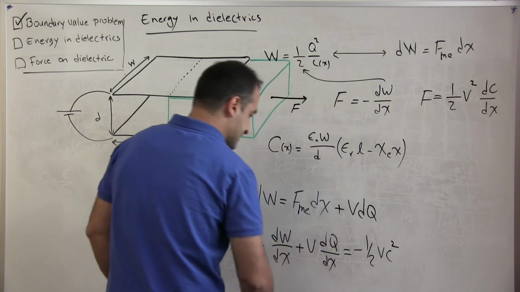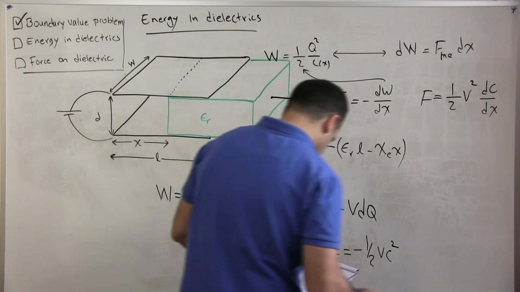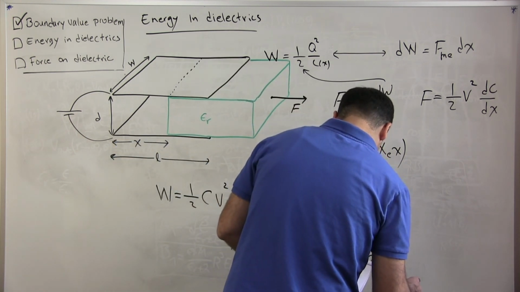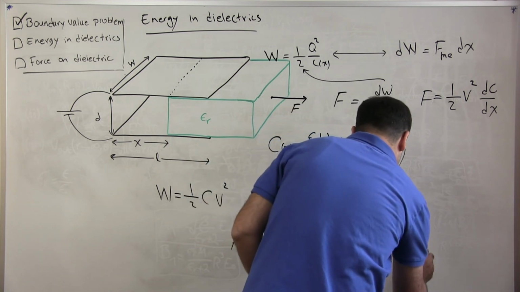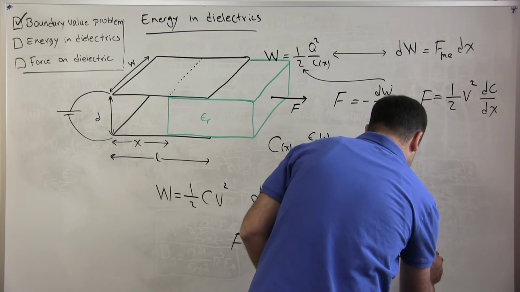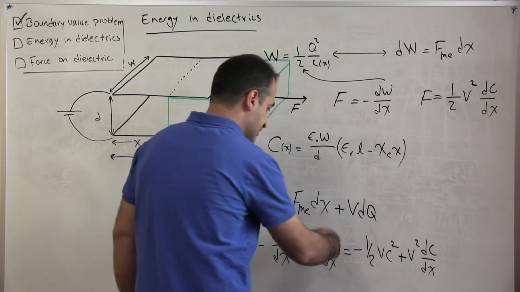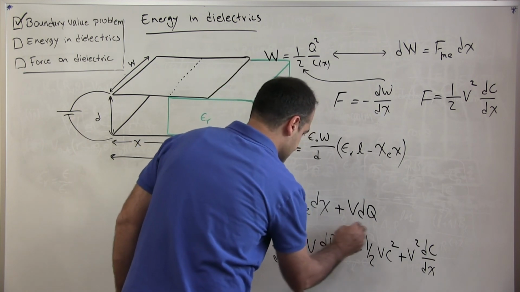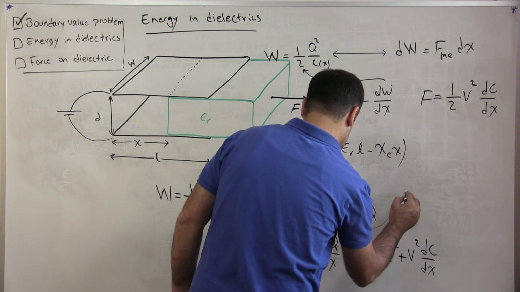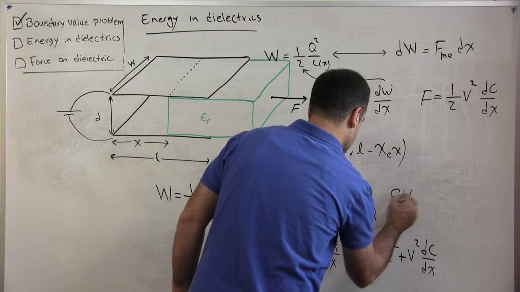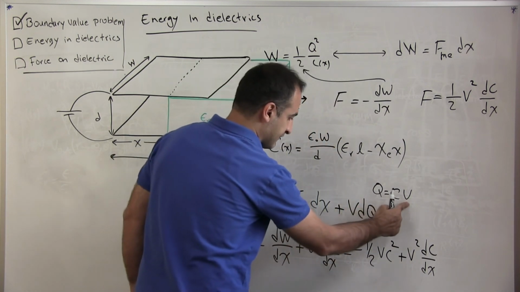Now, if you look at the second term, dq over dx times V, that's going to be V squared dC over dx, because q itself is CV, and V is constant.